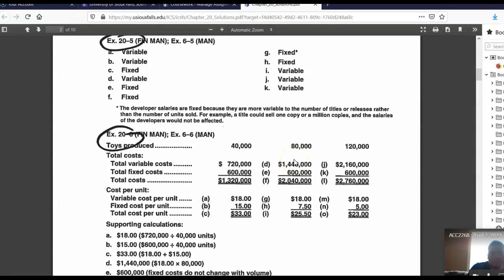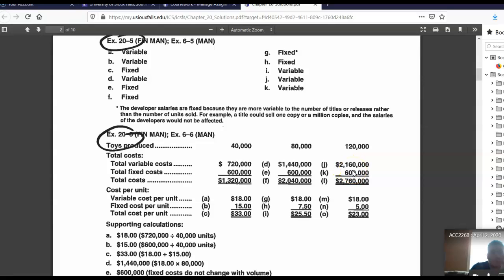Number 6 is a good one in that it kind of reinforces what we looked at when we did those graphs. So let's just look at this solution here. So 40,000 units produced, 80 or 120. What you can say right away is they gave us that total fixed, so that's just like real estate taxes, total is going to be the same no matter how much you produce.